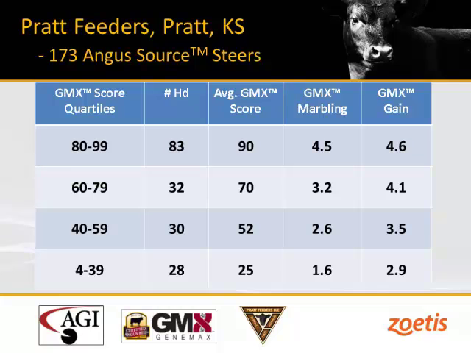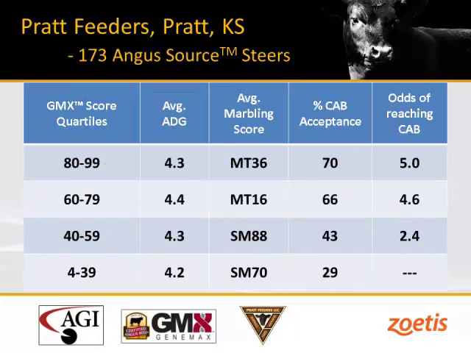So this gives you a little feel for the efficacy. You can see we had a lot of range in marbling of these animals, clear from 1.5 to 4.5. Not much range at all in gain, from almost 3 to a little over 4.5. So let's look at the performance of those animals then when we actually track them through the system. So these animals, again, none of them had much difference in gain, all about the same.